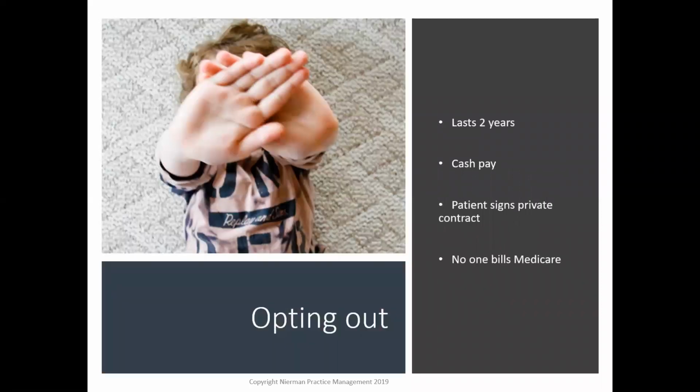Now, if you do opt out, that's a 2-year period. That means patient pays in cash. You want to make sure if you have opted out that the patient signs a private contract knowing that you're not with Medicare. And that means no one bills Medicare, not the patient, not the provider. So that's opting out.